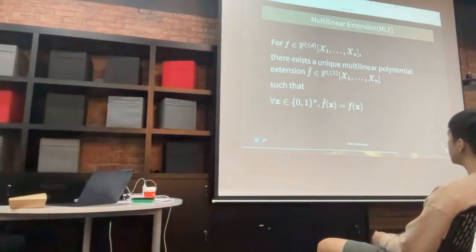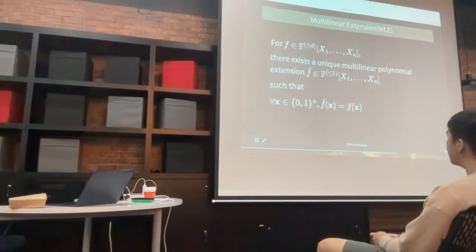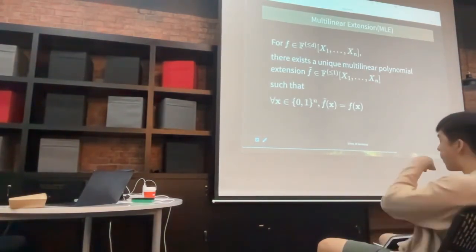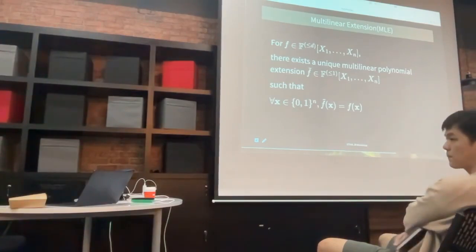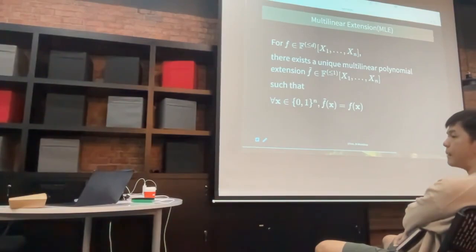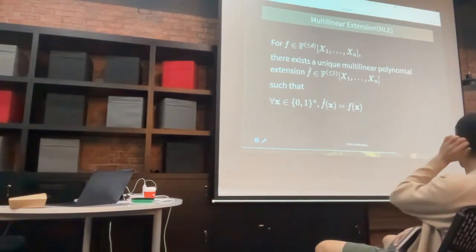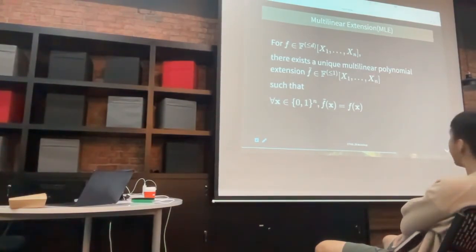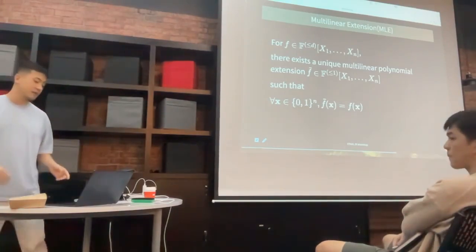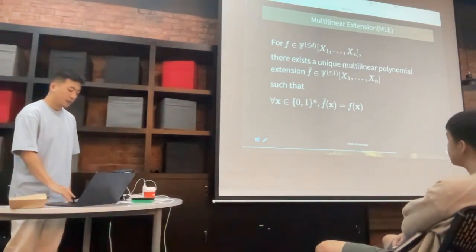It means that we can derive a multilinear extension from some hypersurface. Any hypersurface will have one unique hyperplane that interpolates the same points over the Boolean hypercube, right? So this is called multilinear extension.